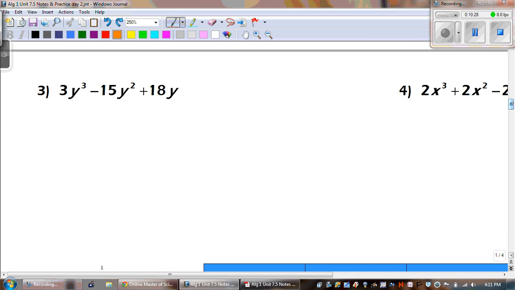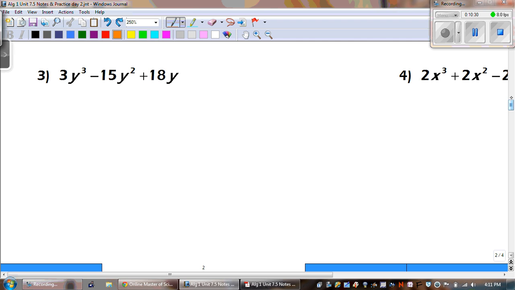All right, let's flip it over. Let's go ahead and get the GCF. What is it? Well, all of the terms have a y, so we can take a y out. But then we can also take out a 3. So my GCF comes out front.